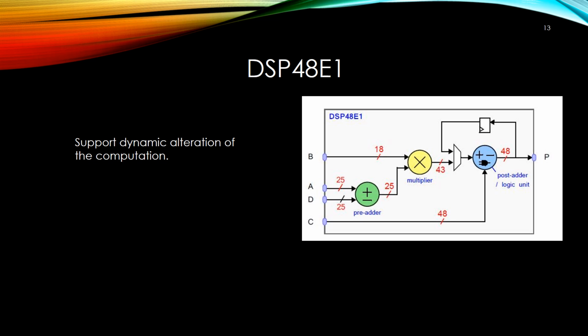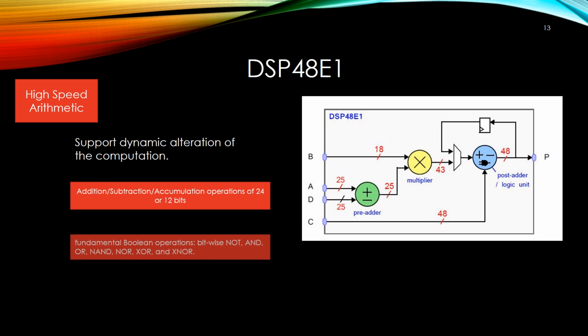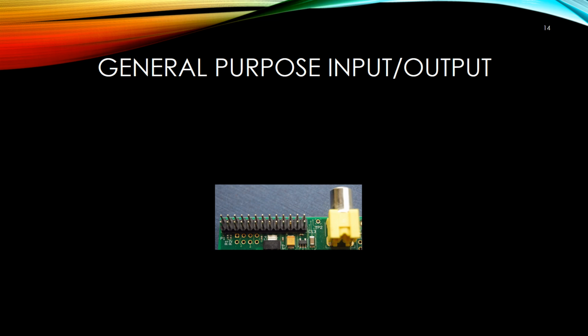When used in logic mode, it can perform logical functions instead of arithmetic and supports all of the fundamental Boolean operations: bitwise NOT, AND, OR, NAND, NOR, XOR, and XNOR. As a result of these properties, the DSP48E1 is suited to a variety of applications in signal processing and beyond.